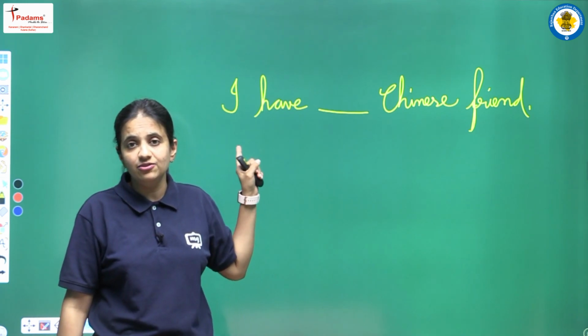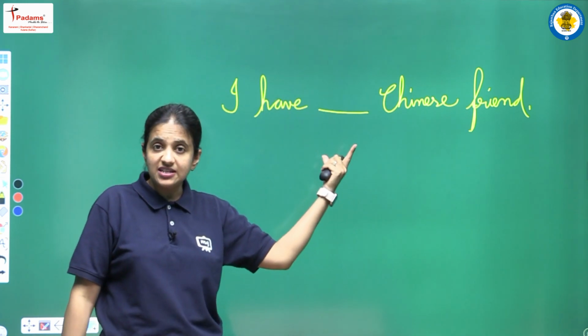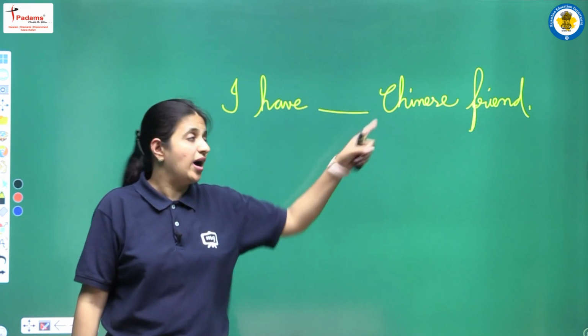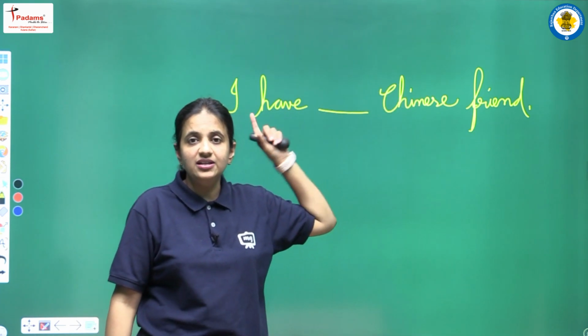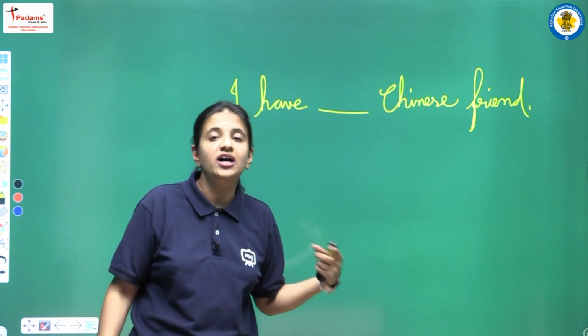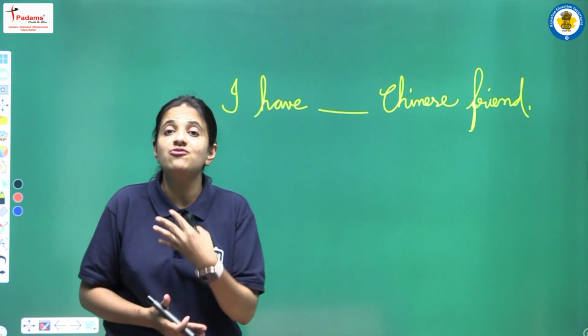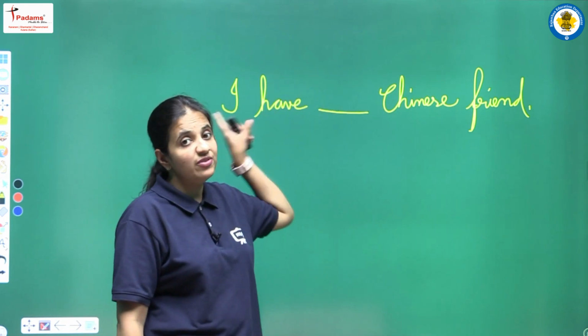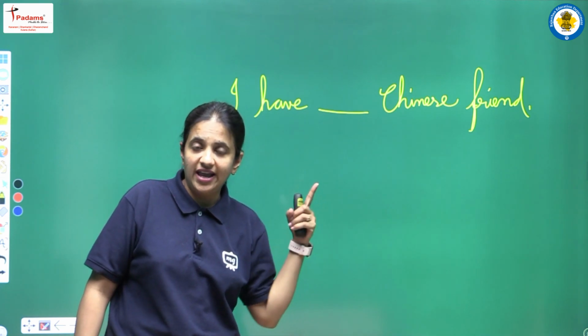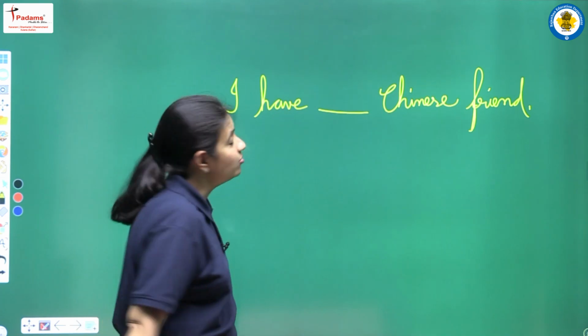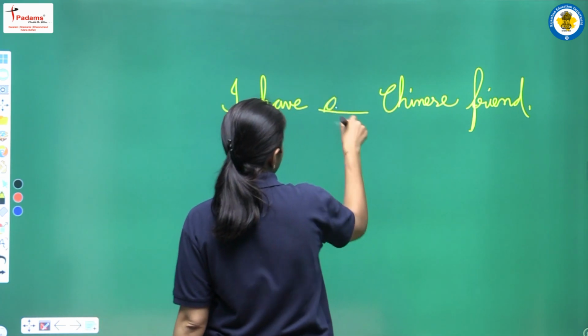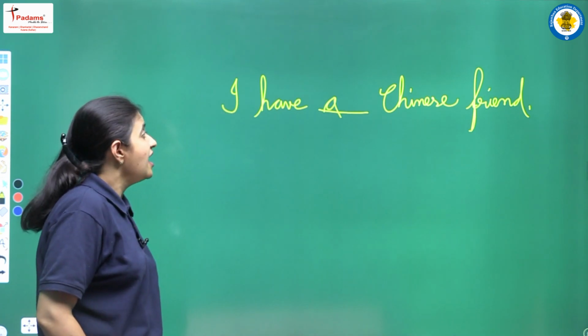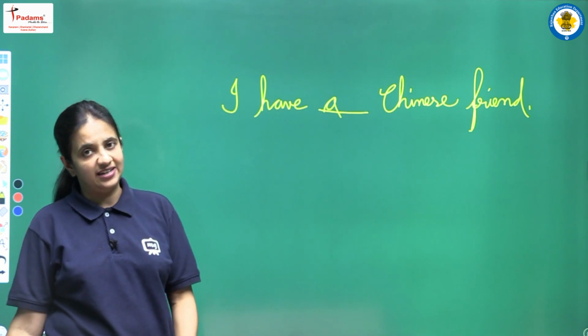So what article will we use here? Obviously we will use a or an. Why? Because here we are having a nationality-expressing word, but we are having the singular form of this word. So in this blank we have to use a or an, and that will depend on the starting sound, and for that we will use a here. So the sentence will be I have a Chinese friend.